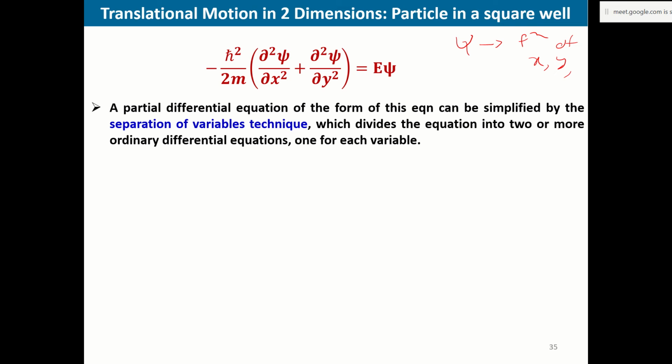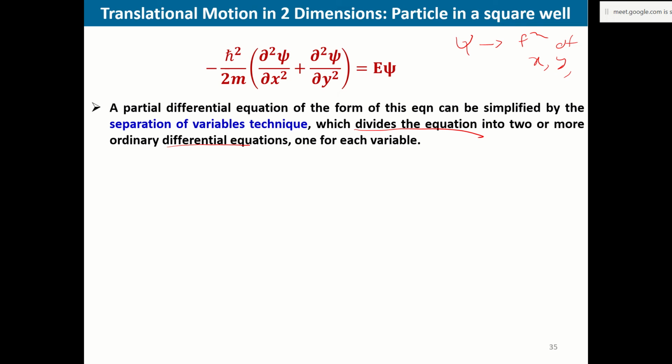and our intention would be to split it into two functions which, if we multiply them, will give the overall psi. So something that can be divided into two or more ordinary differential equations. That is, one function which depends only on x, another function that depends only on y, and when we multiply these two, we get the overall psi.